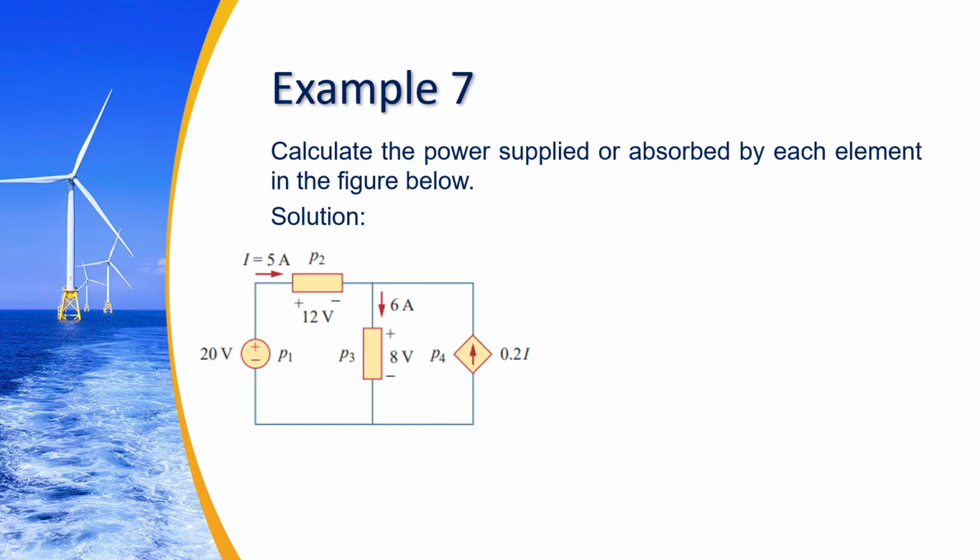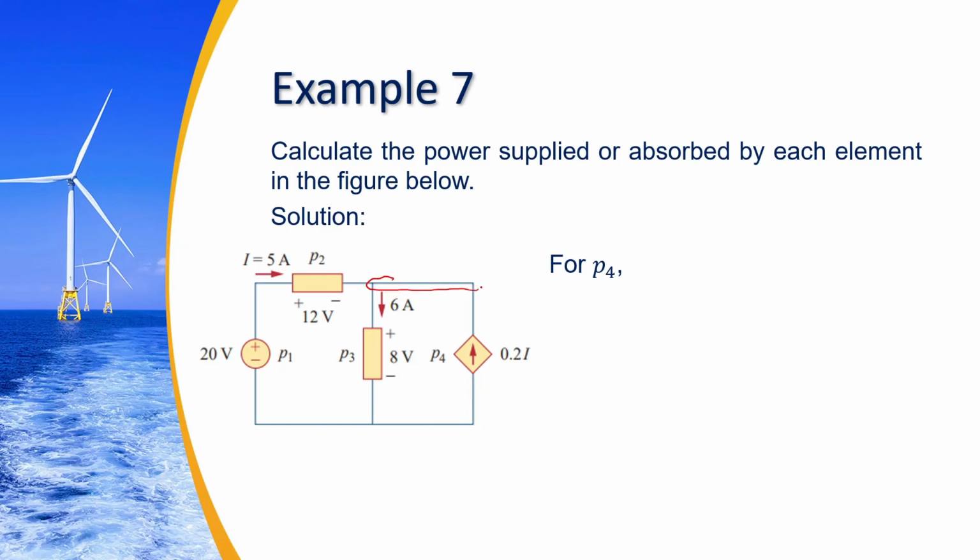Next. For P4, ito yung P4 natin. Current source natin. Meron tayong voltage na 8 volts. Bakit 8 volts? Kasi, same siya sa terminal nitong 8 volts natin na P3. Okay?